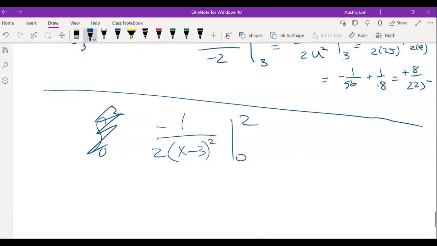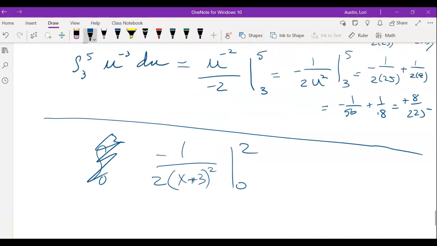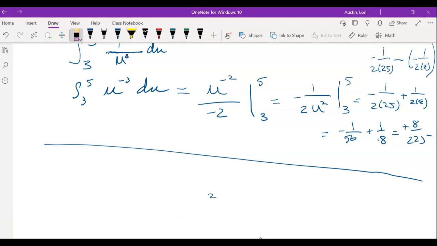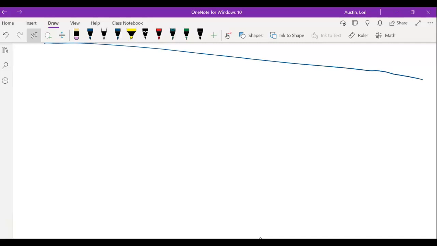You can do that. You just now have to plug in 2 and 0 and do all the work, whereas here we just had to plug in 3 and 5 into a u. Now you're plugging into an x plus 3 squared. It's going to get to the same exact answer. You can think of it as a shortcut, but it's just showing you they're exactly the same.